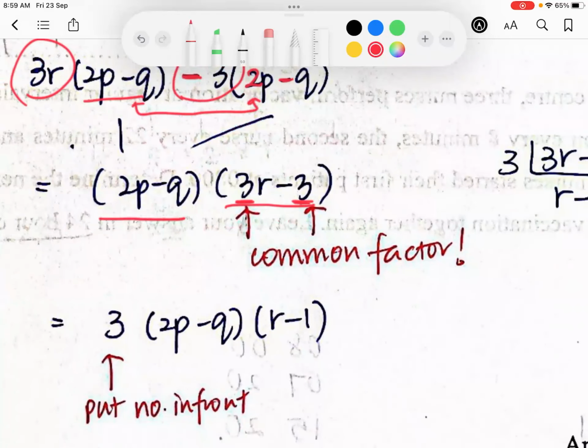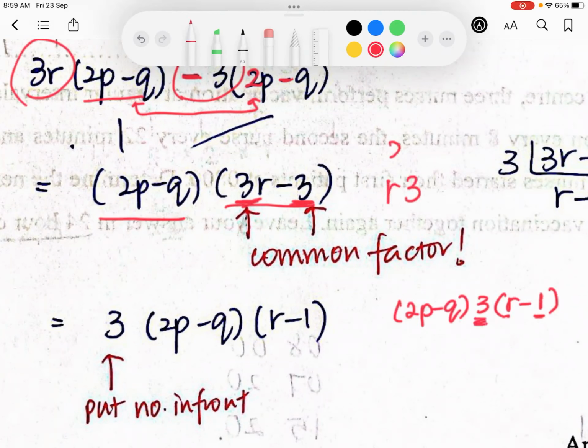Then some students will ask me, sure, can I write it this way? 2p minus q, I have a 3r minus. Remember, 2 terms here. The bracket that comes out must also have 2 terms. So this one cannot be blank. It must be the number 1. But is it okay for me to write the 3 this way? No. Remember, do we write R3 or do we write 3R?